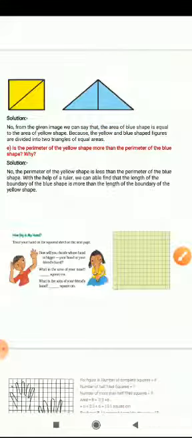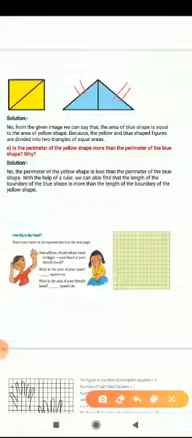I am drawing it again, this one, this and this one. So when we find the perimeter for this triangle, obviously it is more than that of this yellow square.